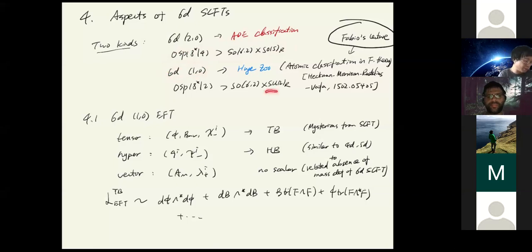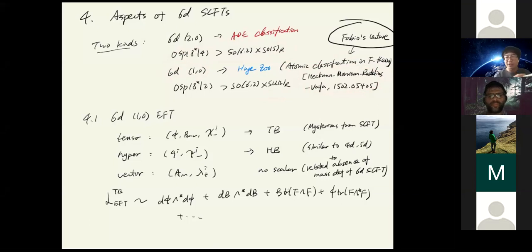In those cases, the R-symmetry group is reduced from SO(5)_R to SU(2)_R, and there's a very nice geometric classification from F-theory, known as the atomic classification. To my knowledge, in this very nice paper, but to my knowledge, we don't yet know whether this is a complete set of consistent (1,0) superconformal field theories. Okay. In particular, whether there are theories with no tensor branch, which we'll come to in the end.